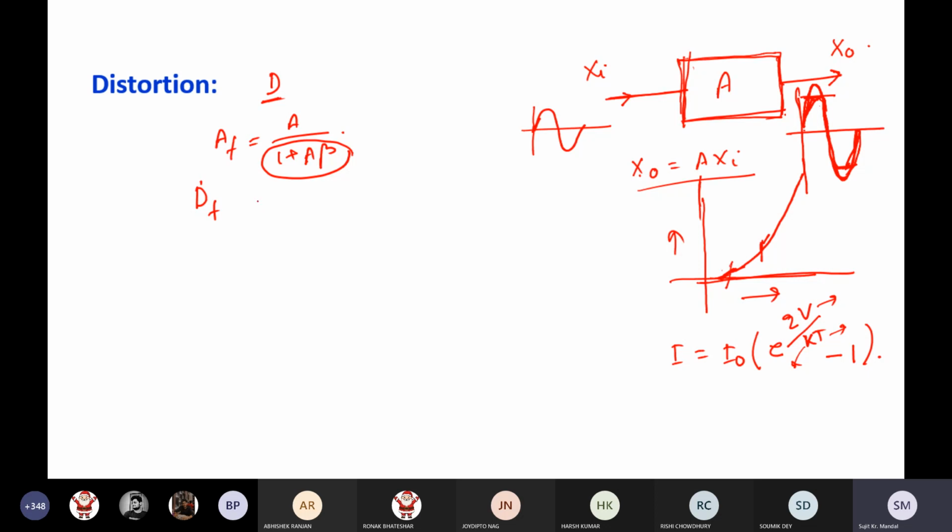So DF is equal to D divided by 1 plus A beta. As you can see, D is the distortion without feedback, and the distortion with feedback is reduced by the factor of 1 plus A beta. So this is what distortion in an amplifier is, and how with feedback the distortion is reduced. Could you understand it? Yes, sir.